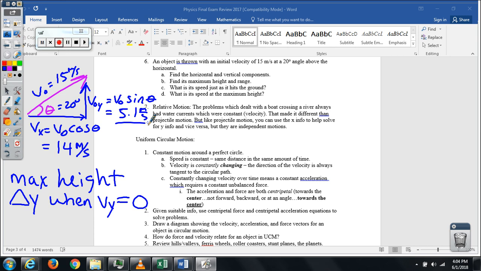The acceleration is -10. Vy is 0. You can pick the equation that doesn't have t in it to find out delta y. So I'm going to just do that in my calculator, and I'll put the answer, and you check to see if you can get the same answer that I do.